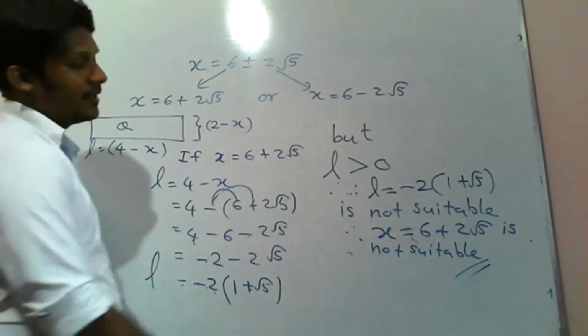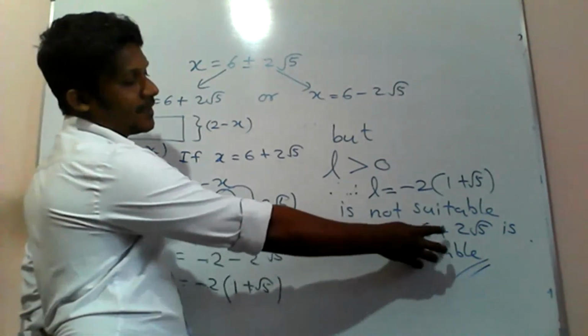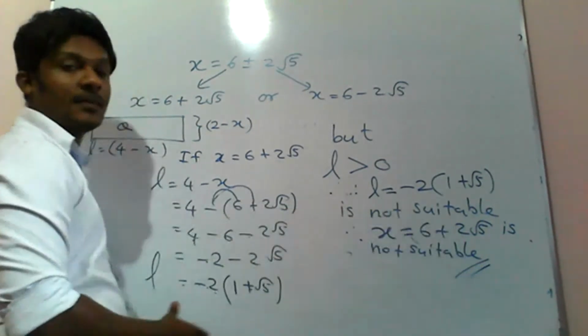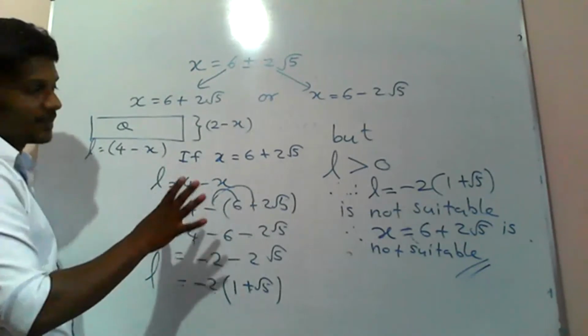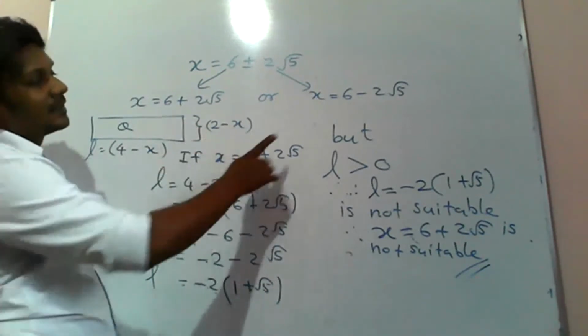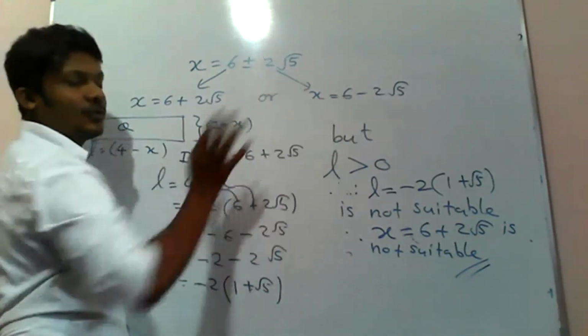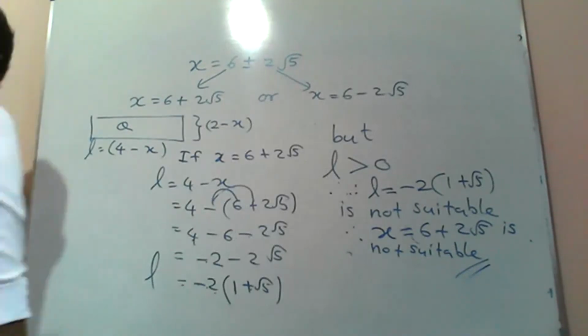Right. Then we say x equals 6 plus 2 root 5 is not suitable for x. Therefore, the suitable answer is x equals 6 minus 2 root 5. Right.